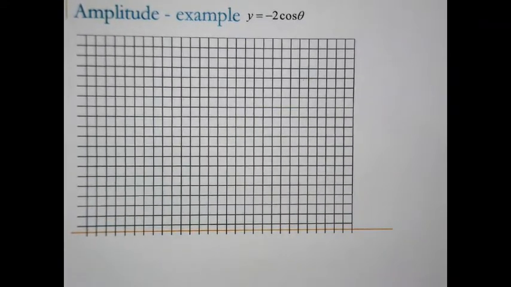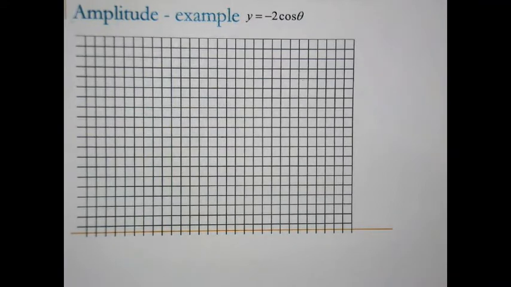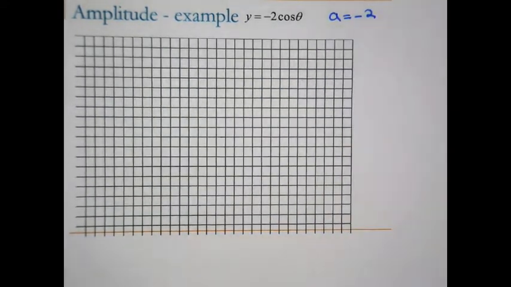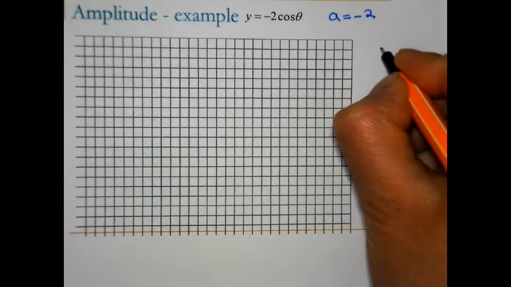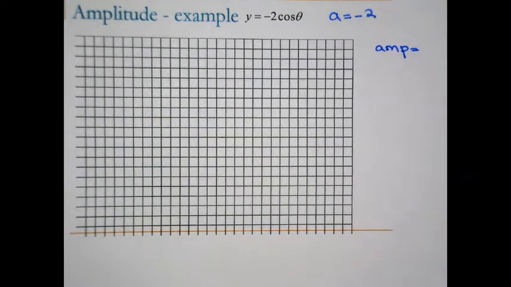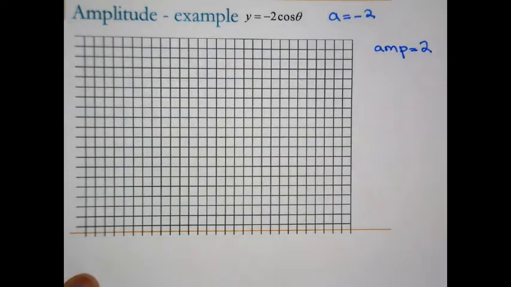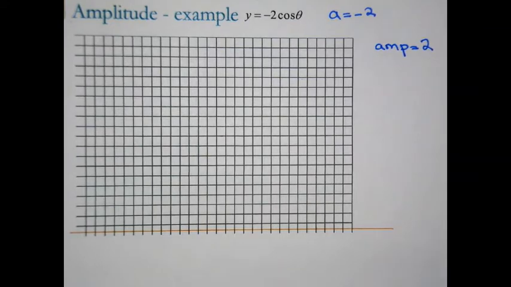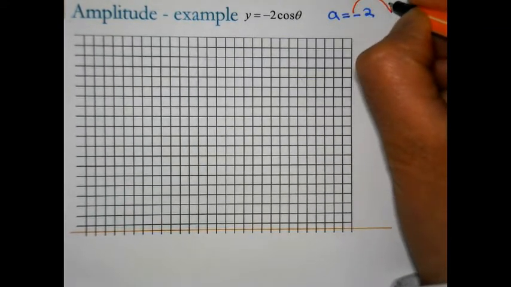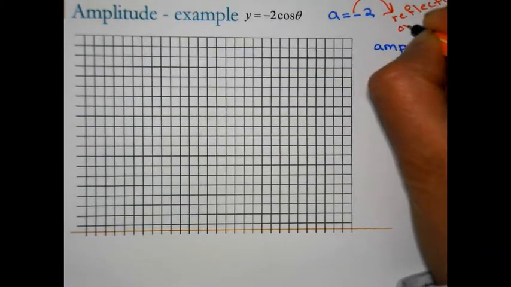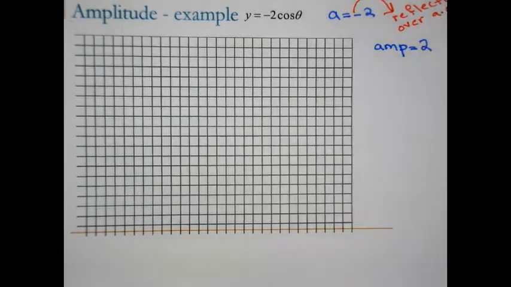Now, the next example we are going to do here is y equals -2 cosine theta. So your a is -2. Now, if you remember from the previous lesson, I told you amplitude is always positive. So amplitude is actually 2. The negative here means that after we draw the function, we have to do reflection over axis of curve.